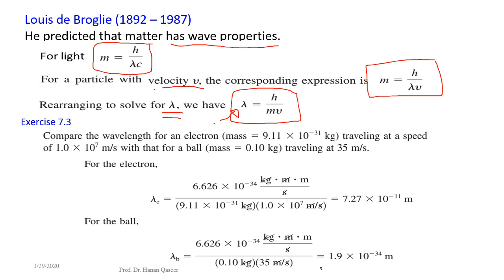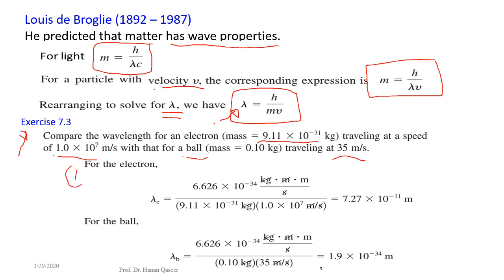Here we have an exercise: comparison between the wavelength of an electron, mass equal to 9.11 × 10^-31 kilogram, traveling at a speed of 1.0 × 10^7 meter per second, with a ball, mass of ball equal to 0.10 kilogram, traveling at 35 meter per second.